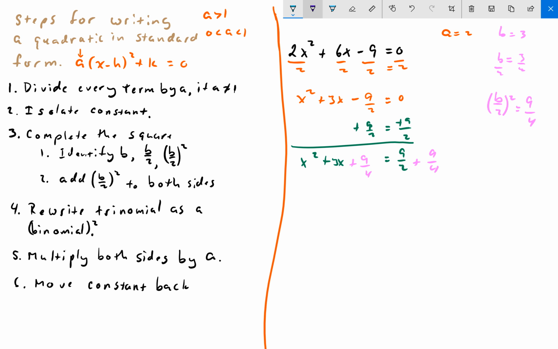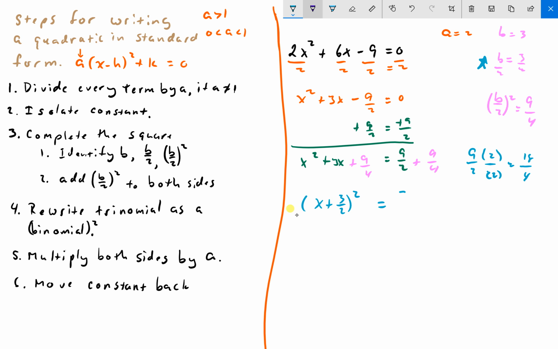And so now, I'm going to rewrite my trinomial as a binomial squared. Now, remember, in order to do that, this becomes x plus 3 halves quantity squared equals, well, 9 halves plus 9 quarters is really, if I multiply 9 halves by 2 over 2, I get 18 quarters, and 18 quarters and 9 quarters is 27 quarters.